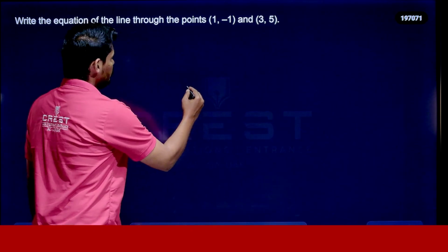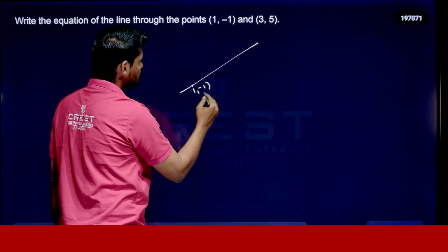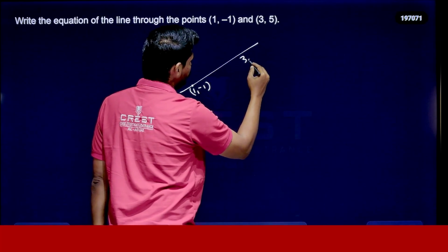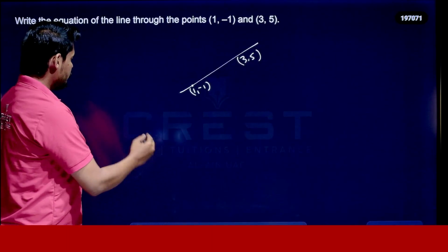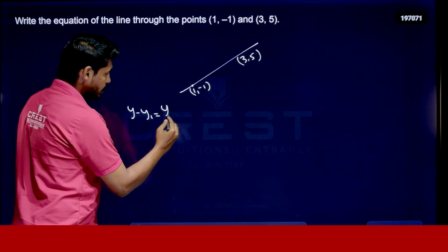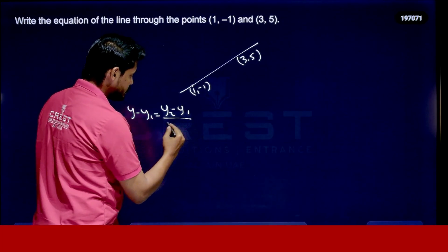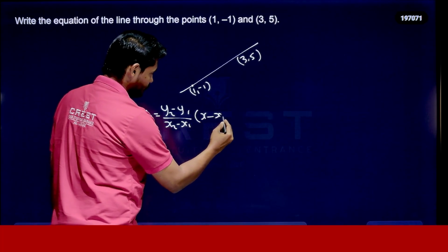Here we have a line passing through 2 points, 1 comma minus 1 and 3 comma 5. So we can have the equation y minus y1 equal to y2 minus y1 divided by x2 minus x1 into x minus x1.